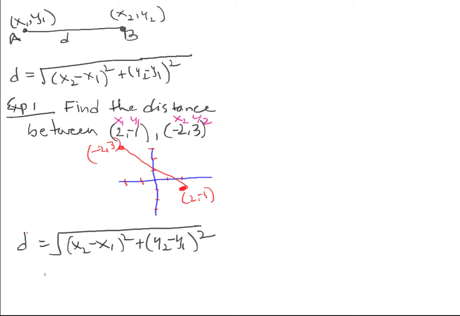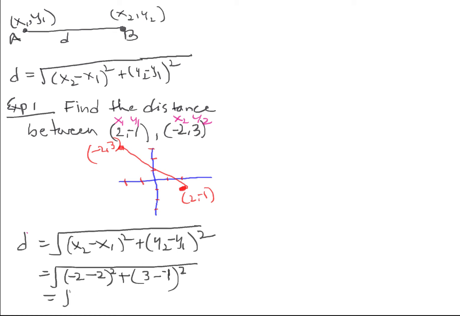So what is x2? So in this case, let me write the square root. x2 is -2 minus 2, that is x1 is 2, plus, what is y2? 3 minus, and then y1 is -1, square, right? So how much do you get? So basically, I left a square there.